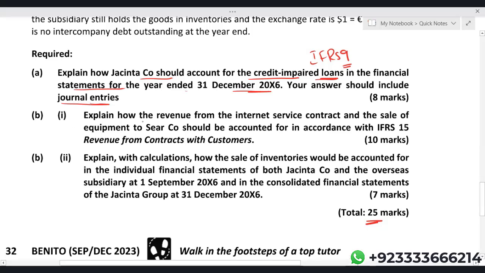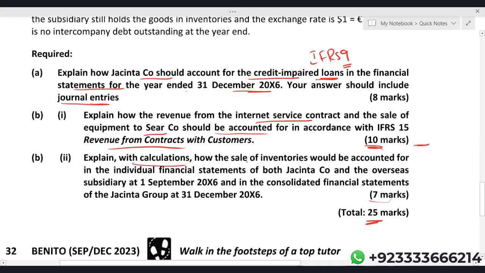Then B1, explain how the revenue from internet service contract and sale of equipment to share company should be accounted for in accordance with IFRS 15 Revenue from Contracts with Customers, 10 marks. Then we have a 7 marks question.